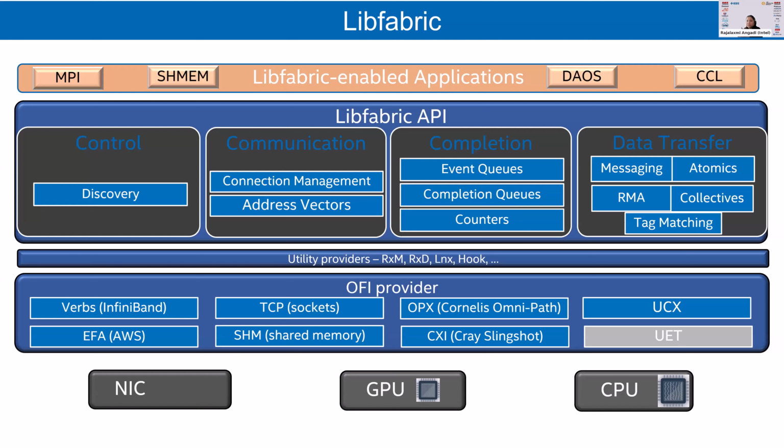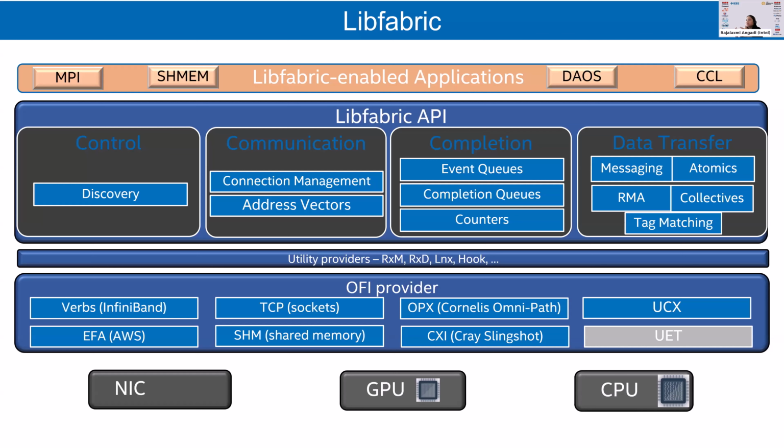So we have the RxM provider that supports RDM type of endpoints that are emulated over message type of an underlying core provider. For example, the message type provider could be aligning with the TCP provider. And it can handle connection multiplexing, it is suitable for applications that require message passing with reliability and ordering.